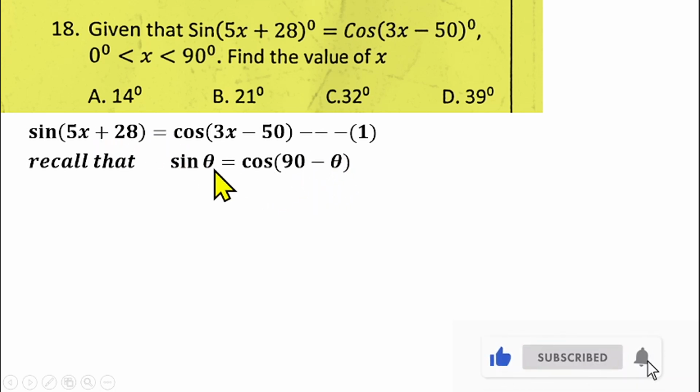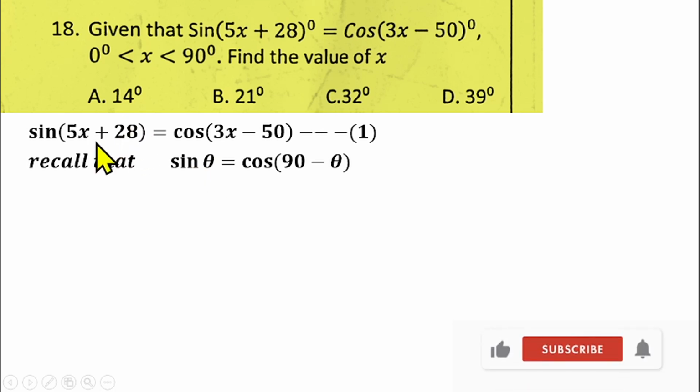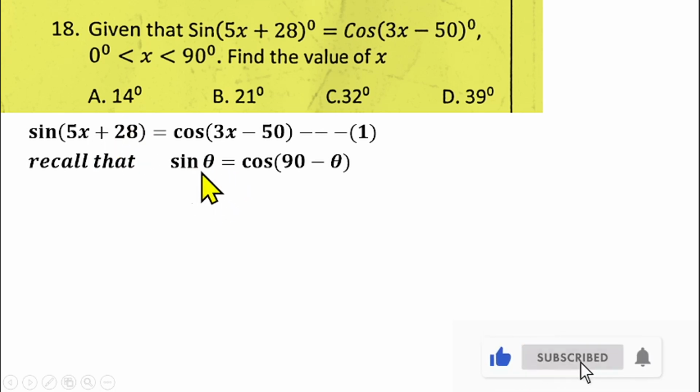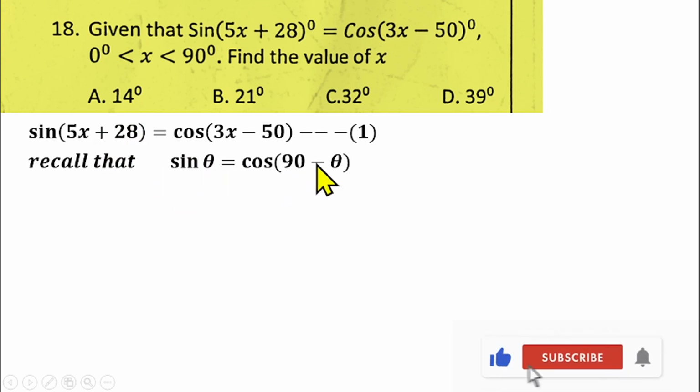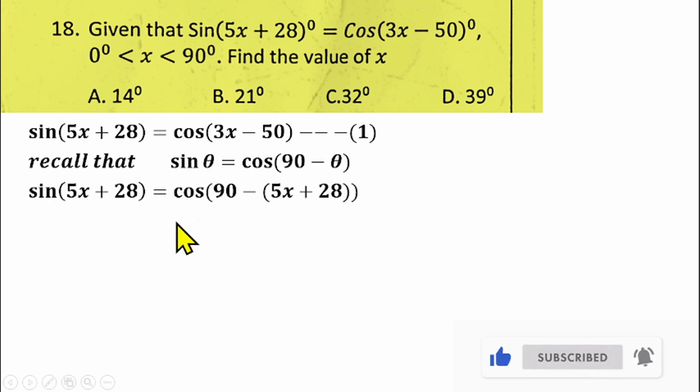So I will replace this theta by 5x plus 28, which is the angle given to us. If I do that, I'll have sine of 5x plus 28 equals cos of 90 minus 5x plus 28. So I'll have this equation here, which I believe you understand. Then you will now open this bracket by the minus.